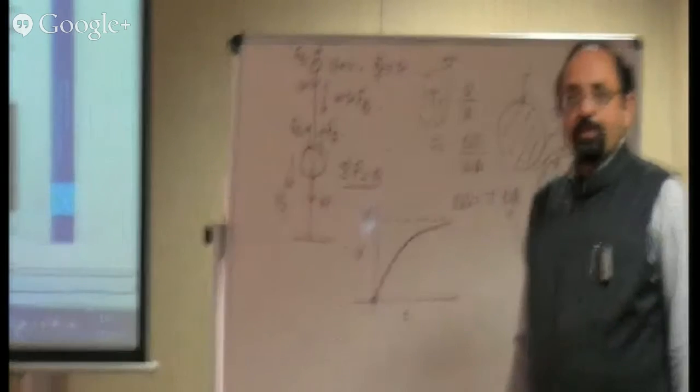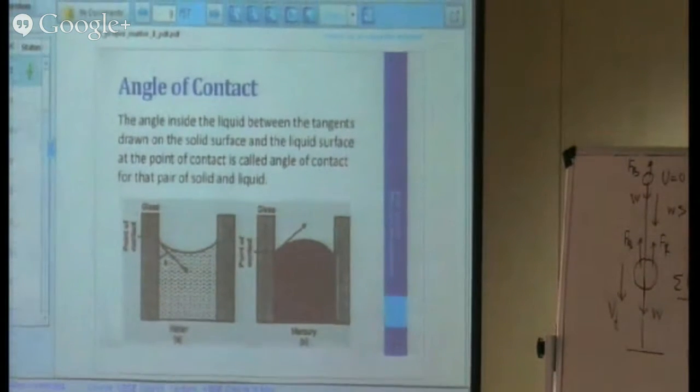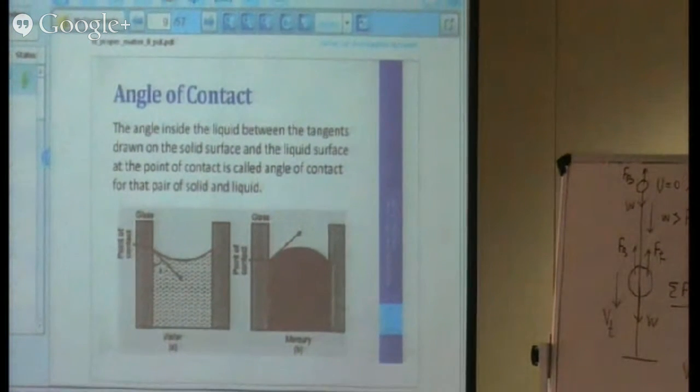Surface tension has one very important property related to it, and that is the angle of contact. In some liquids, when I put them in a capillary or a thin tube, we find the surface is concave, and in other cases we find the surface is convex.